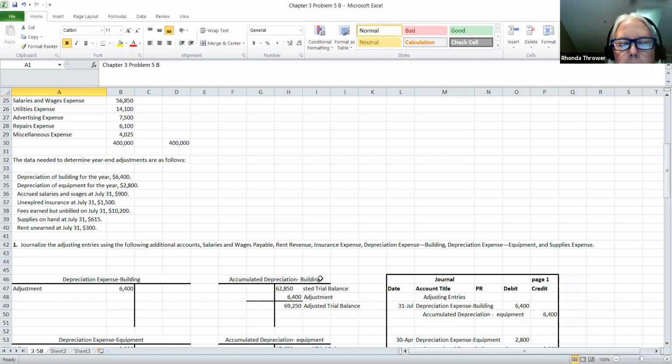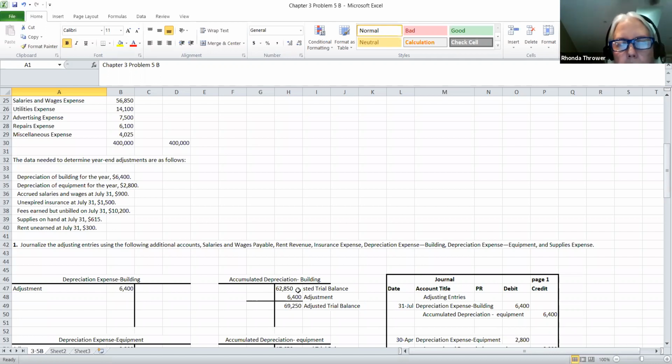So accumulated depreciation, what you need to know about that is that this is what we call a contra asset account. And a contra asset account increases on the credit side. Contra asset accounts increase on the opposite side of the account that they're offsetting.